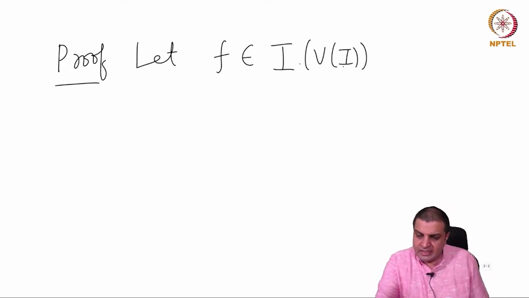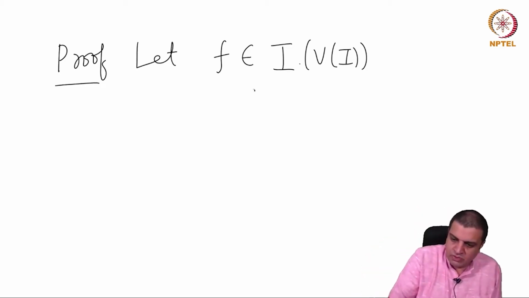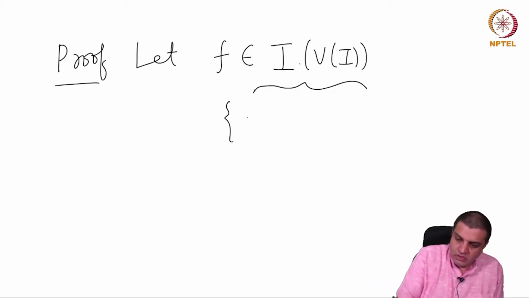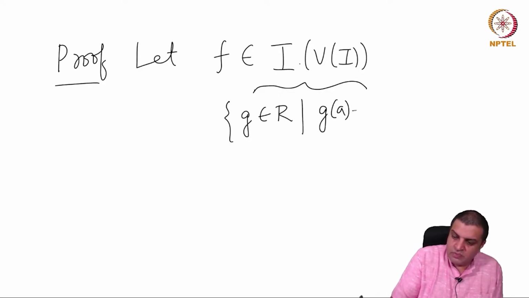Given any I, we can look at its variety, and then we can ask what are all the polynomials which vanish on that V of I. So this is the set of G in R such that G of A equals 0 for all A in V of I.